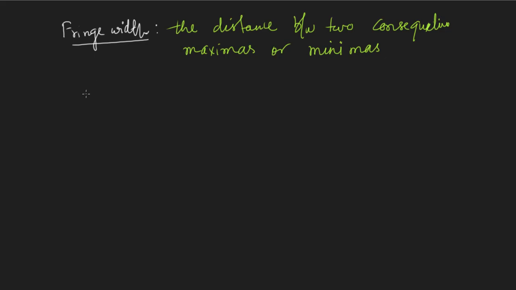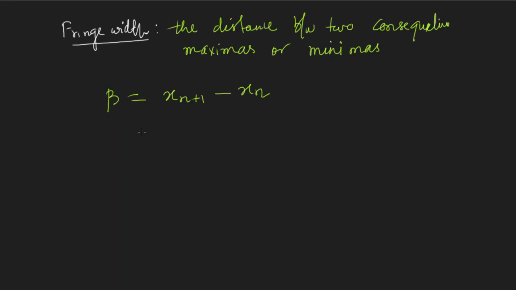So this fringe width I can find by finding the distance between two consecutive maximas, and this I denote by beta. So I can do that: x_(n+1), the (n+1)th maxima, minus the nth maxima.